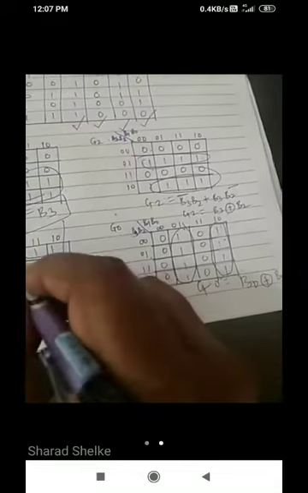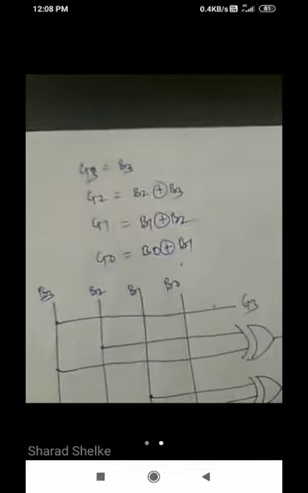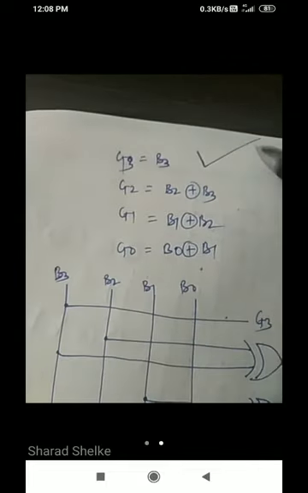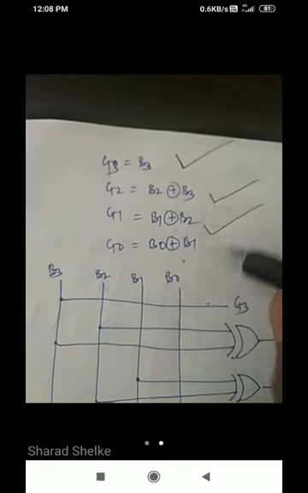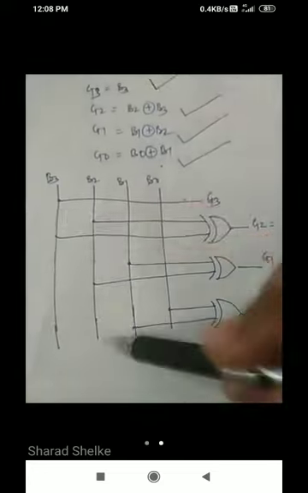By K-map realization, you can form the groups, and everyone knows how the expressions are generated. So from this binary to gray converter, 4 equations are generated: G3 is equal to B3, G2 is equal to B2 XOR B3, G1 is equal to B1 XOR B2, G0 is equal to B0 XOR B1.